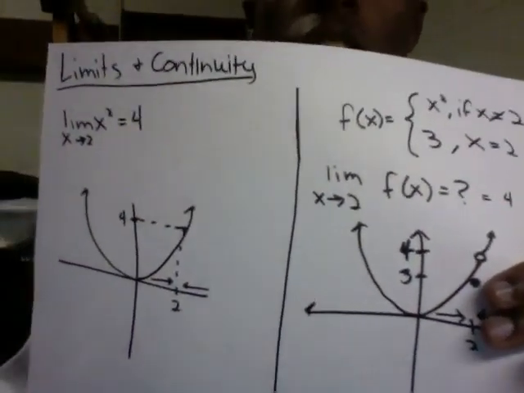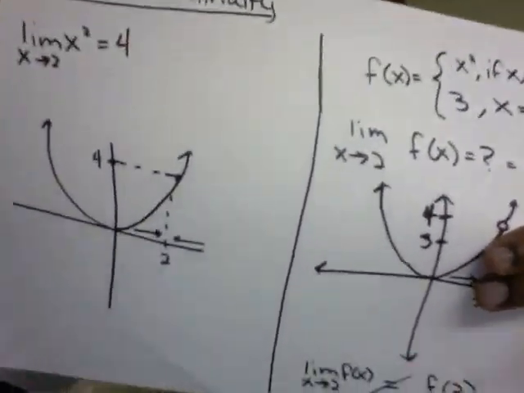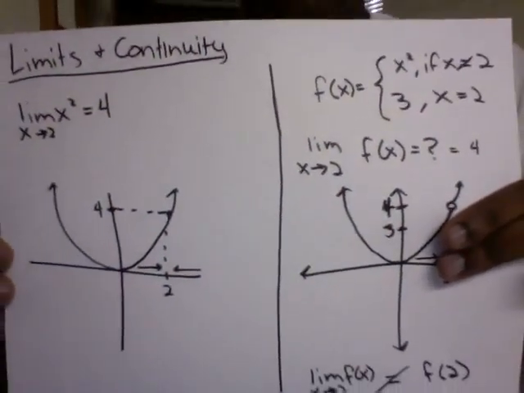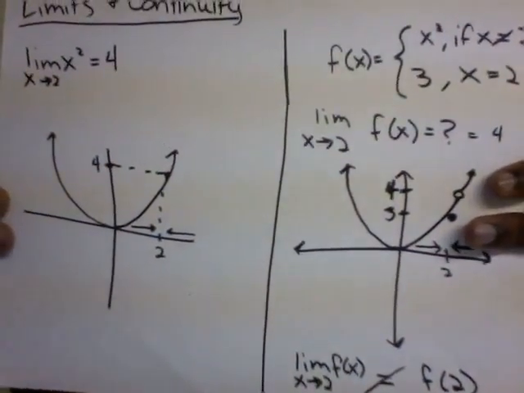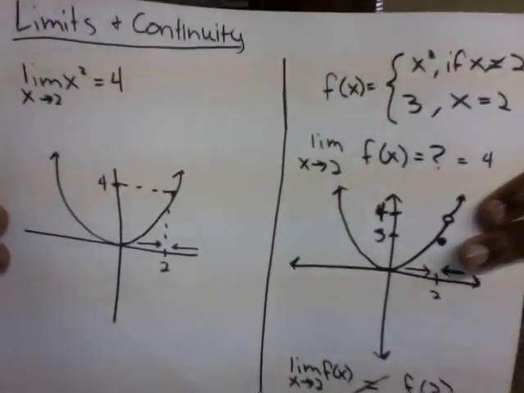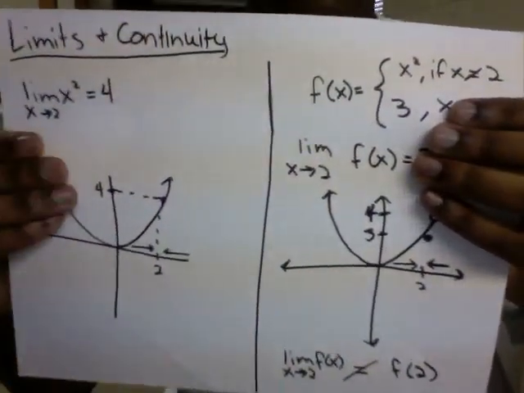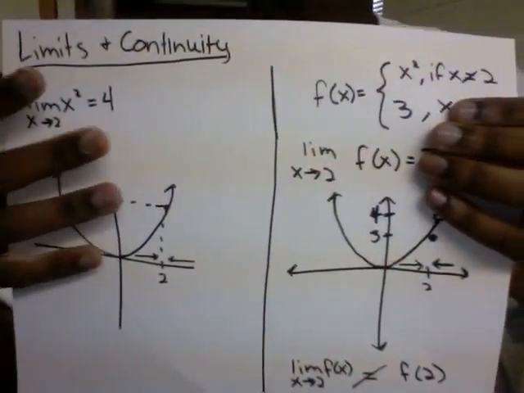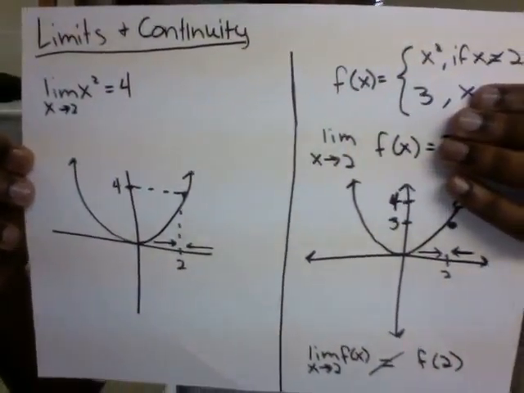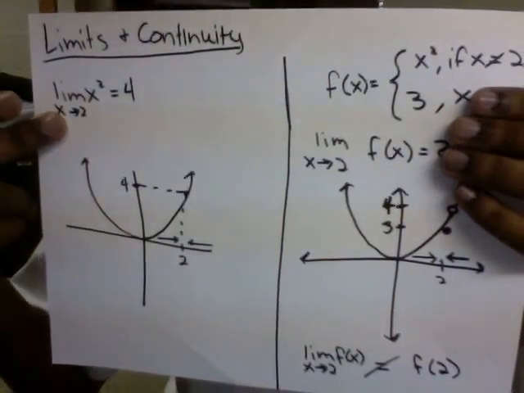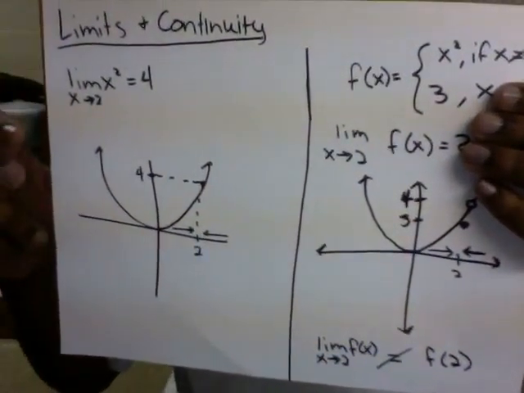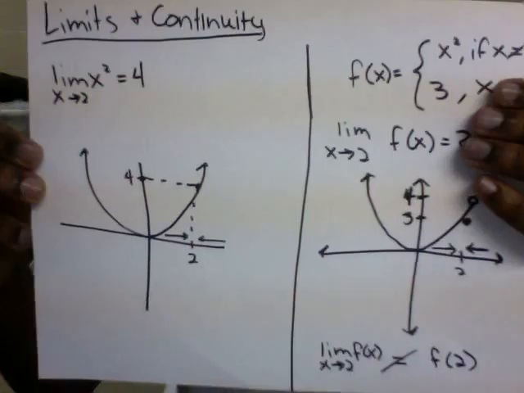It's all written out and worked out for you here, but disregard some of that for a second and let me walk you through what's going on. In our first example, on this side, we see that the limit as x approaches 2 of x squared does in fact equal 4.